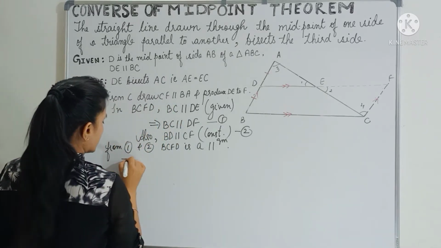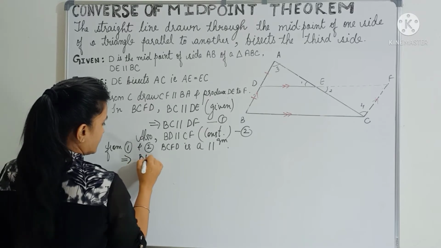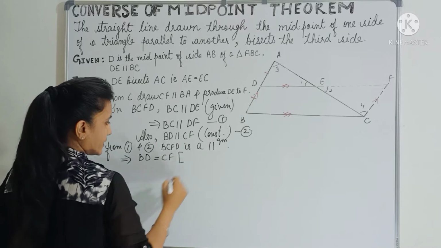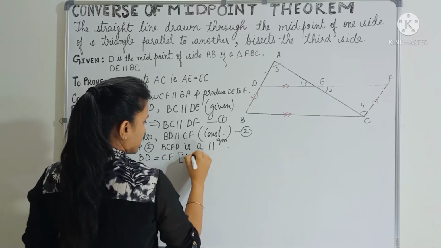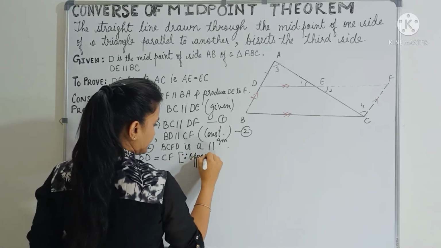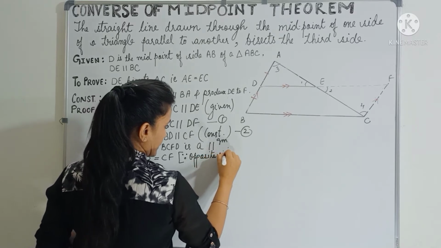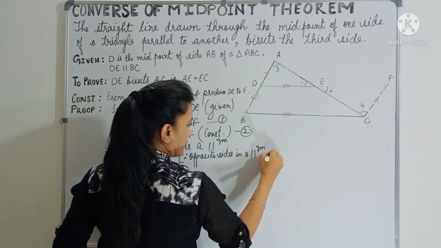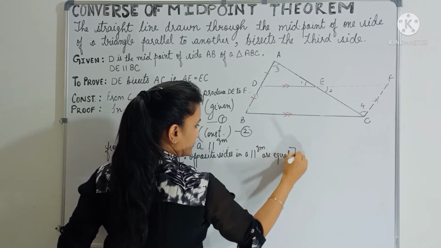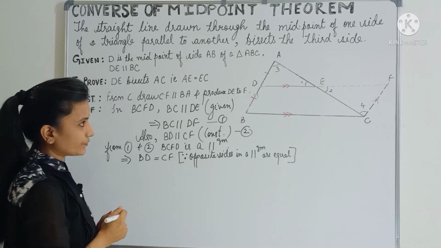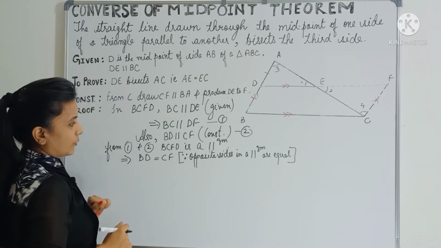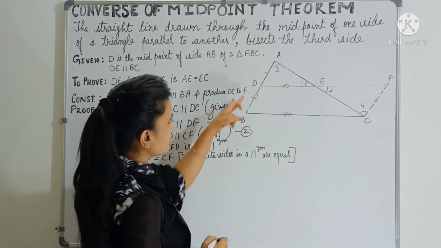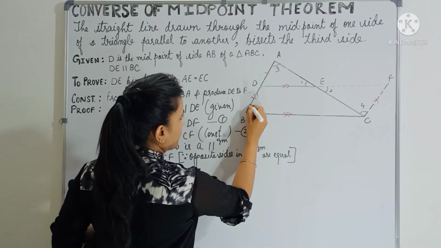So this implies BD is equal to CF. You can write down the reason: because opposite sides in a parallelogram are equal. Alright. Okay. Now what do you observe about BD?